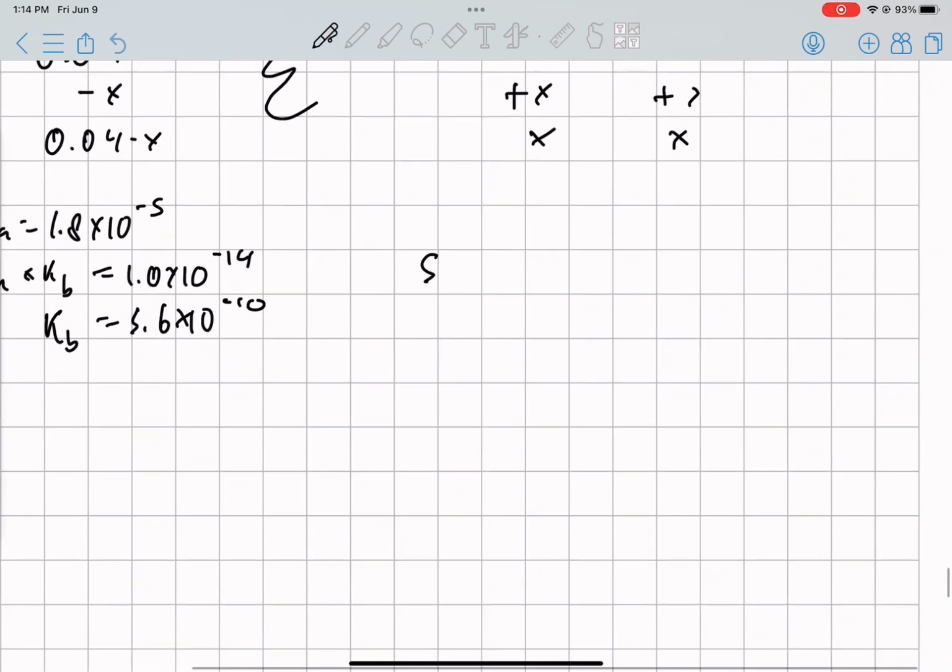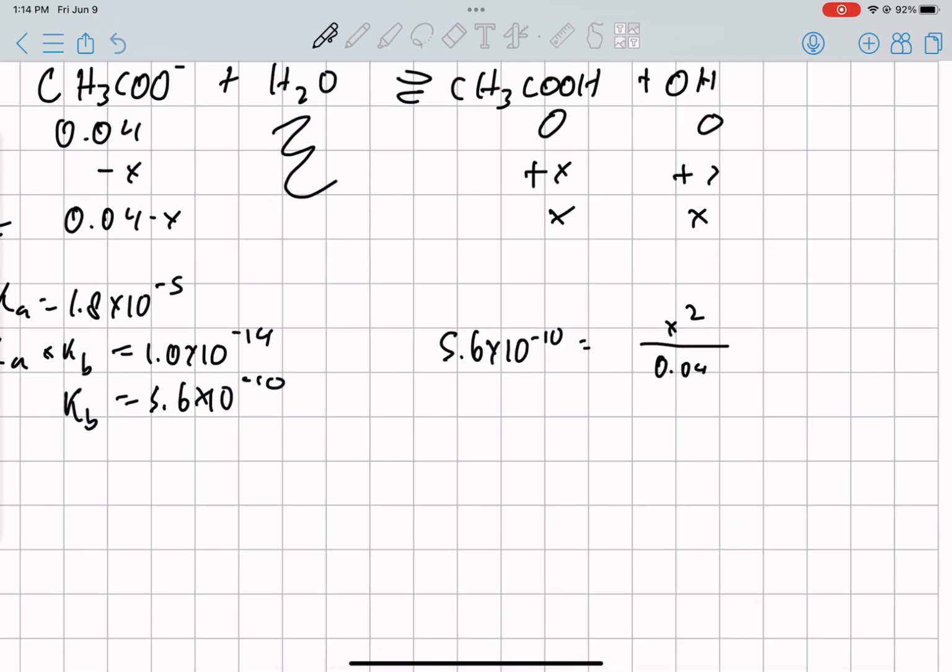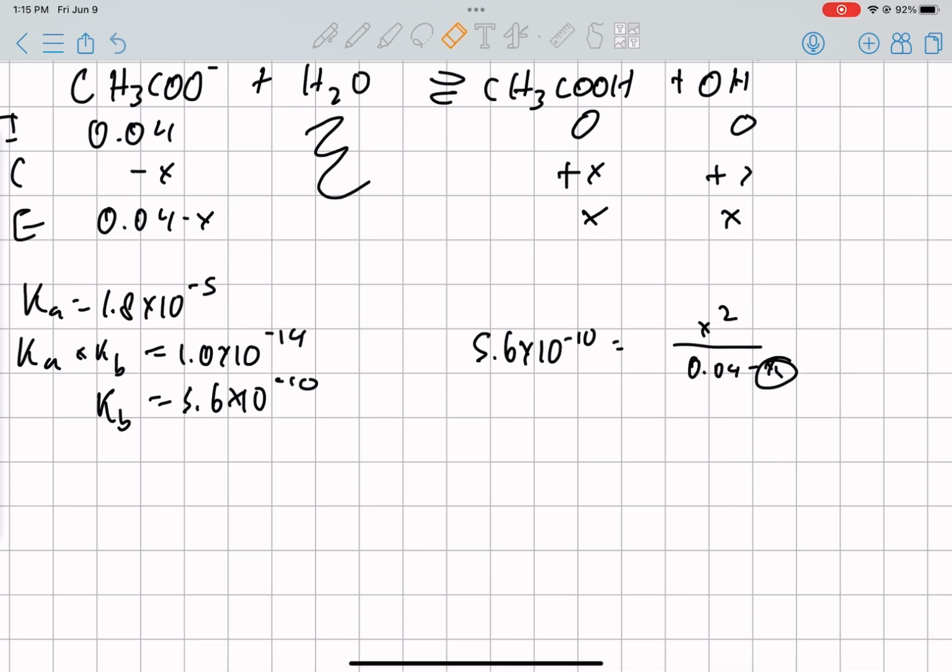So 5.6 times 10 to the negative 10 is equal to x squared, so x times x, over 0.04 minus x. Now, I could do a quadratic equation and make this really complicated, but the thing is, this is more than 100 times x, which means this x is negligible.